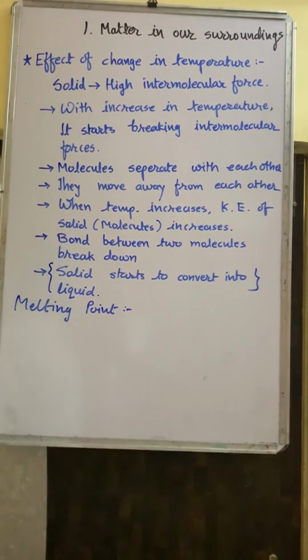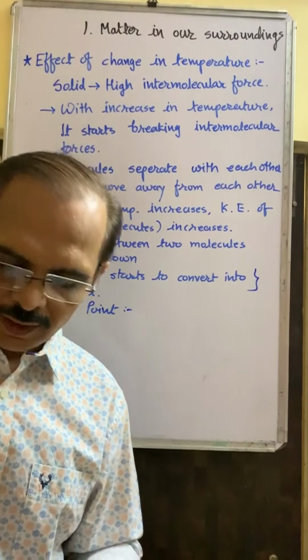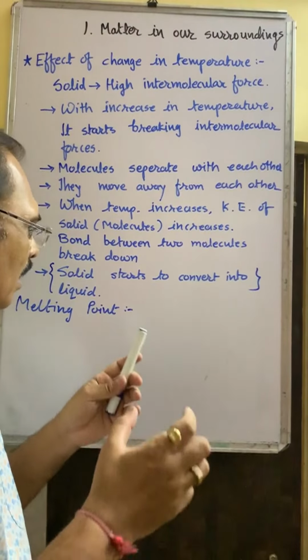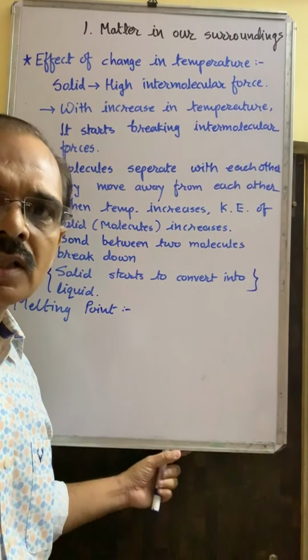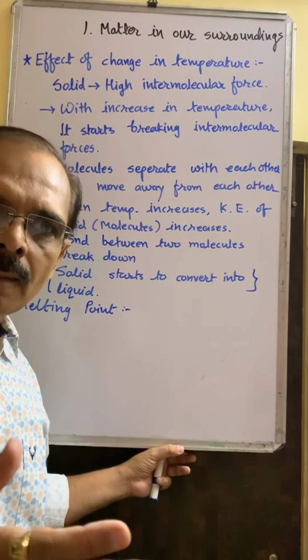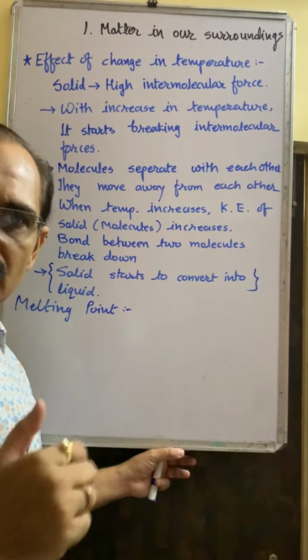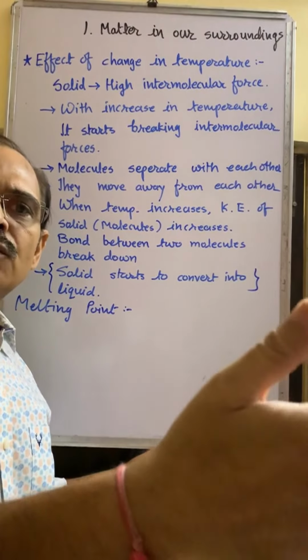You can define this point. What is called melting point? Melting point means a point or a temperature with which solid starts to melt. Solid starts to convert into liquid.